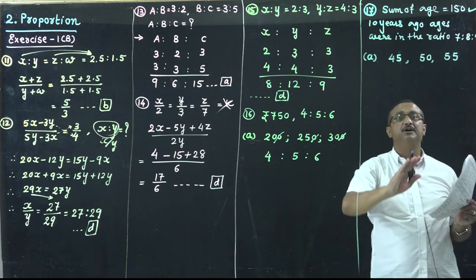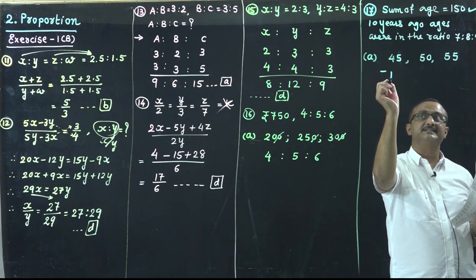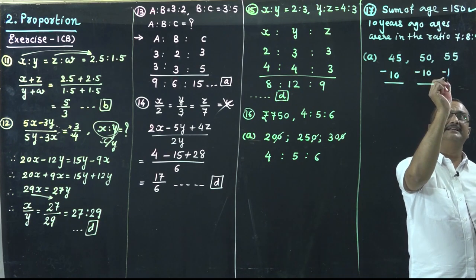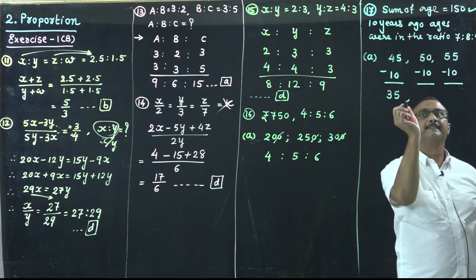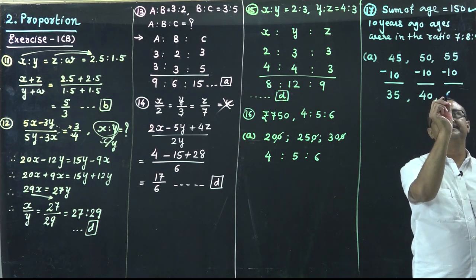Sum of age of 3 persons is 150 years. Now 10 years ago, એટલે કે 10 વર્ષ પહેલાં, તો બધામાંથી 10 years માઇનસ કરી નાખો. -10, -10. What is left? 35, here 40 and here 50.